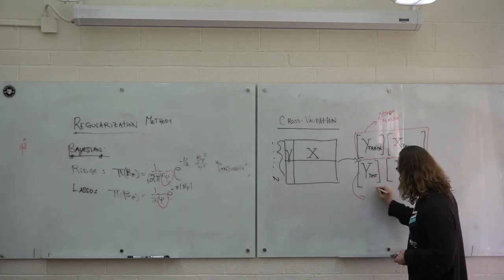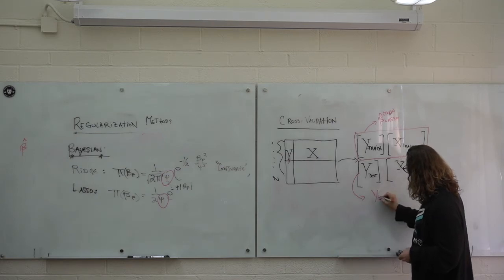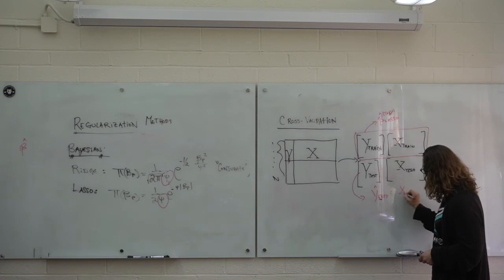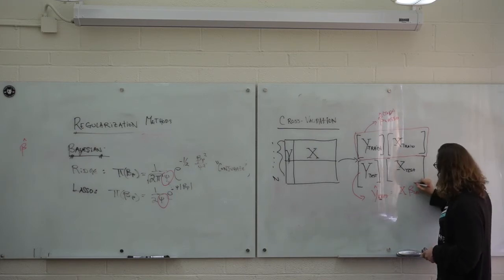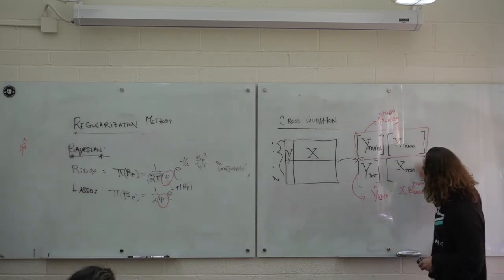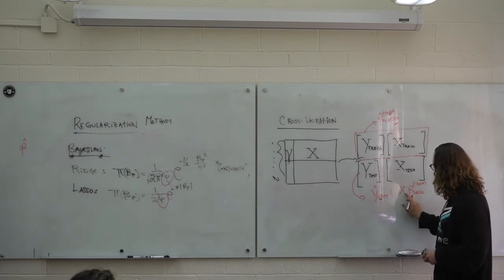So we're going to come up with y predicted. You might call this y hat sometimes. And this is going to be equal to x beta Lasso train. So I've just taken this solution and plugged it in right here. What x's am I going to use?